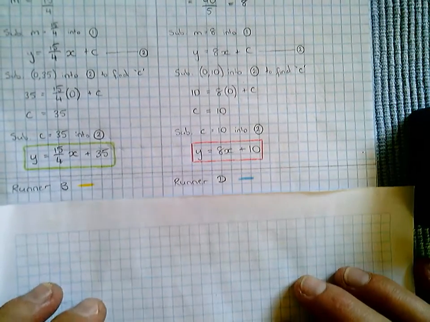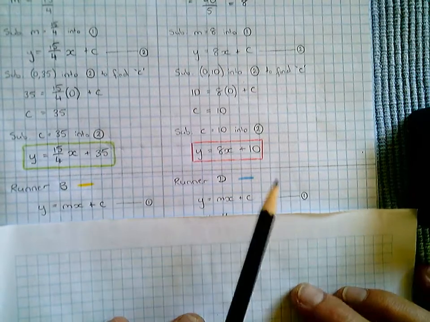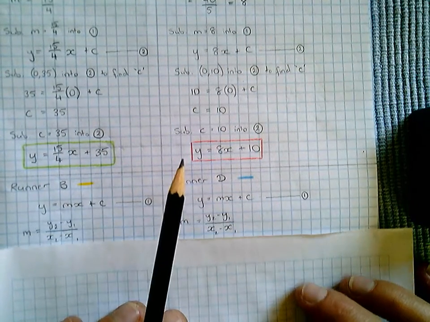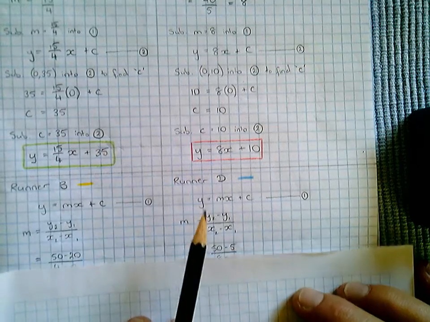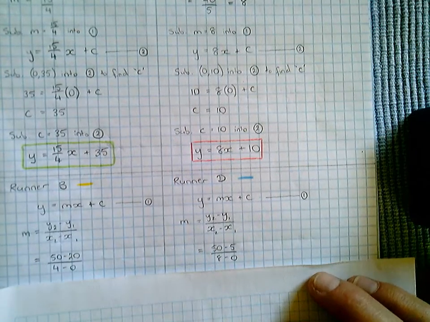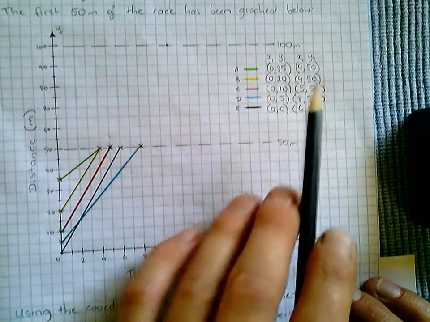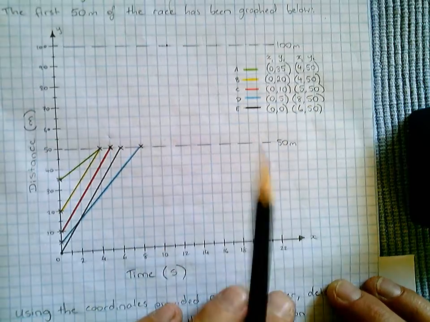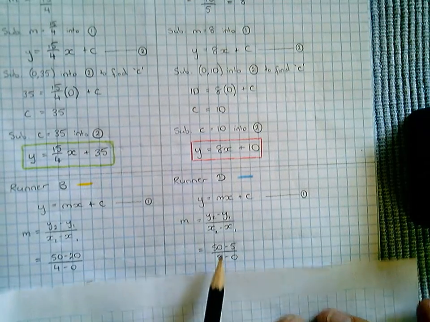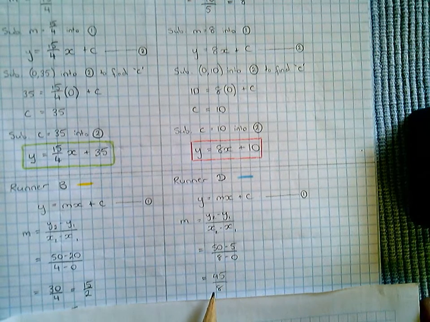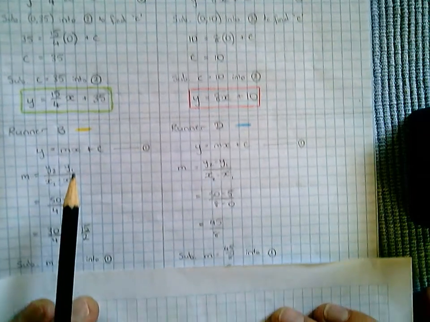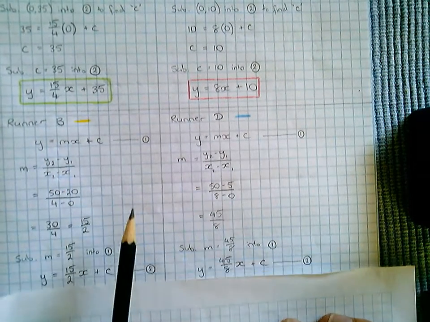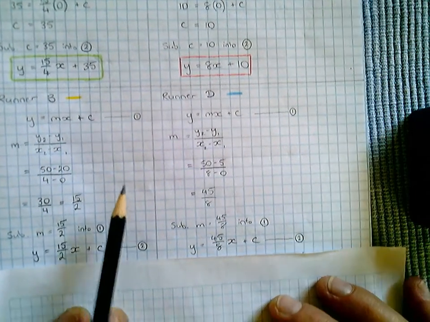Number 4, runner D. Equation 1, linear function, equation for our gradient, rise over run, substituting the coordinates for runner D, which we have here, into our equation for the gradient, gives us this before simplifying and then substituting it back into equation 1 to give us equation 2.